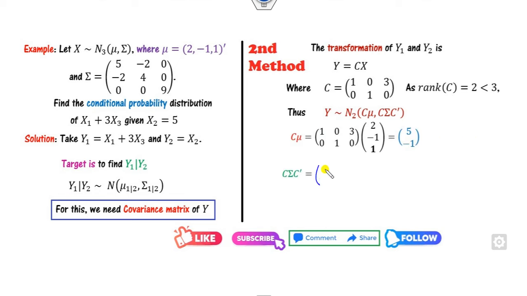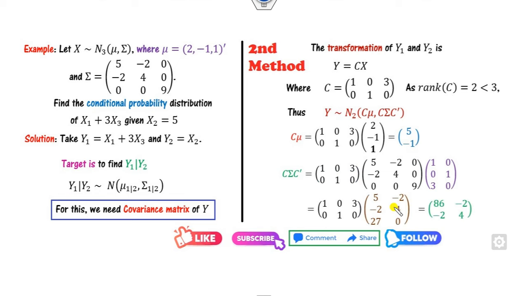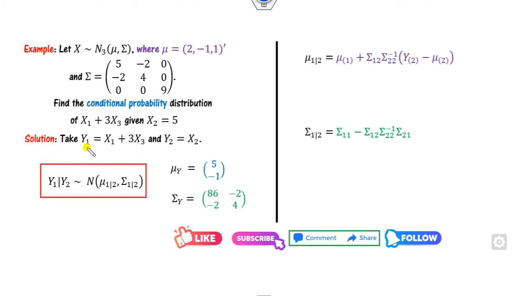Again for C sigma C transpose, once you multiply these matrices, you will get the same matrix as we obtained previously.